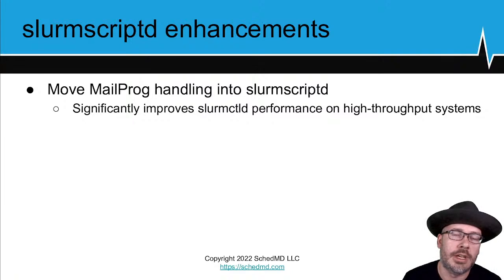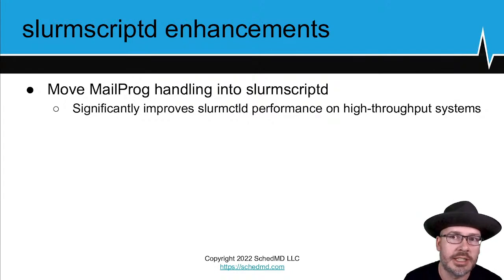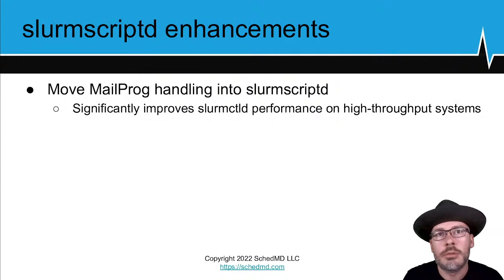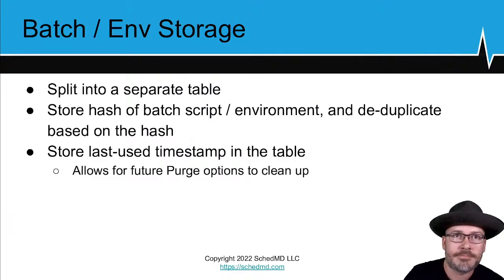And in 22.05, one of the more significant ones we moved is the mail program. For sites that use that extensively, that can be a massive throughput limit on your Slurm controller. Moving the mail program into the slurmscriptd fixes a lot of those performance caveats. It lets you run in an even higher throughput environment than was previously available.